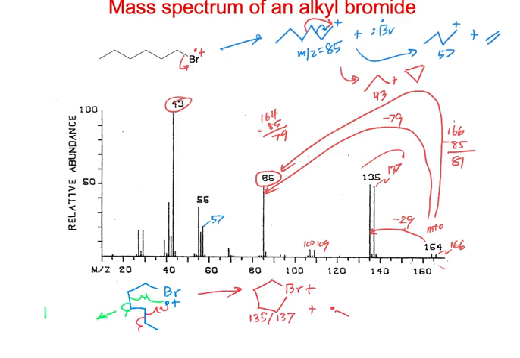So it makes this bromonium ion plus this radical, and this would be the 107 and 109.